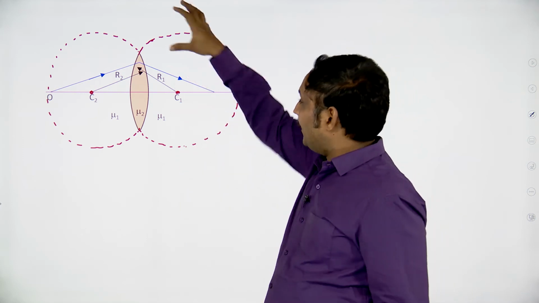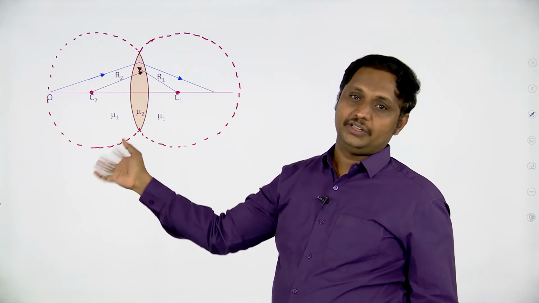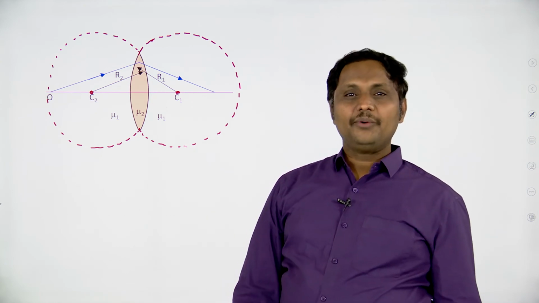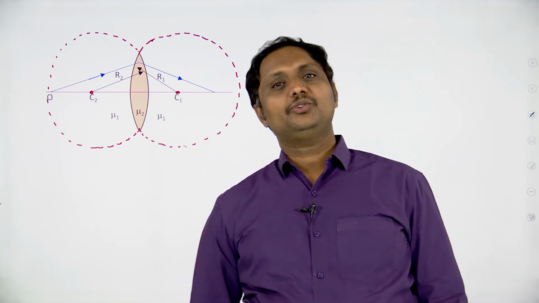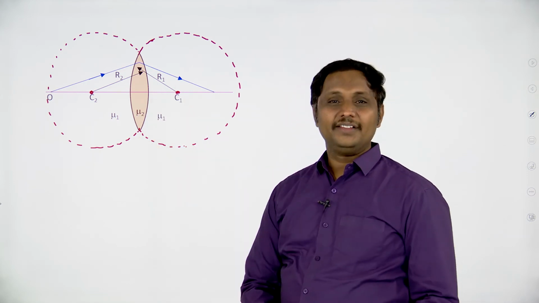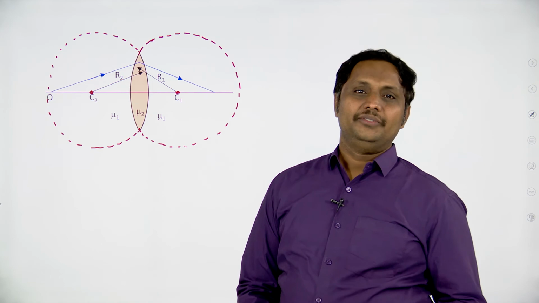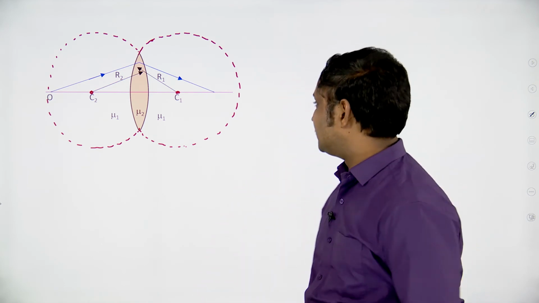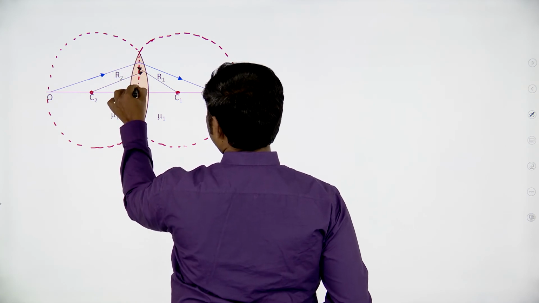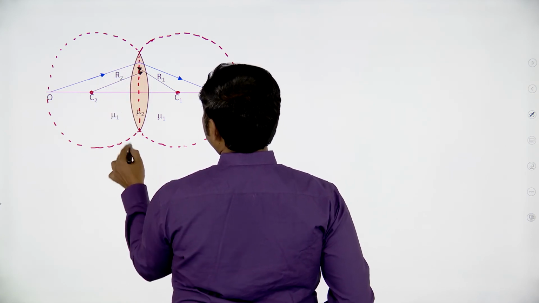While you are going to obtain the expression for the lens maker formula, we have to consider only the paraxial rays. We would like to consider these rays only. That separation is going to be less as compared to R1 and R2.